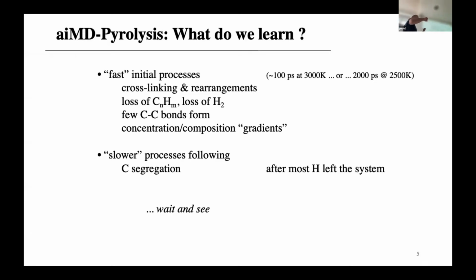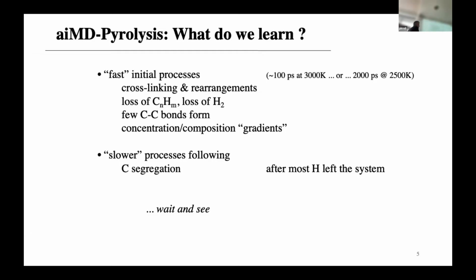And then after this, there are some slower processes following. For example, carbon segregation, where we see the development of some Raman peaks only at temperatures, let's say 800 or 1000 degrees C, and other stuff has happened earlier. That's basically where we say, oh yes, at lower temperature, these are much faster reactions than at higher temperature. We have much slower reactions.